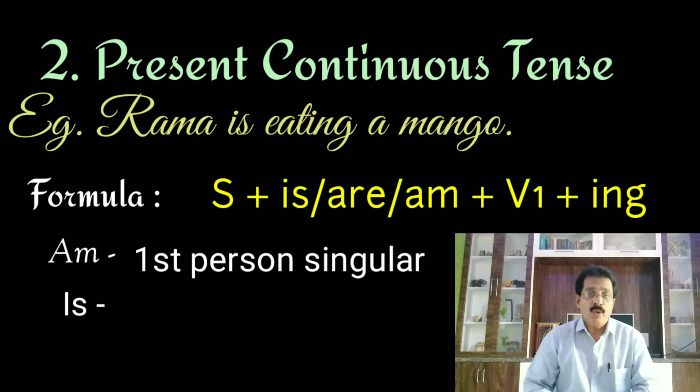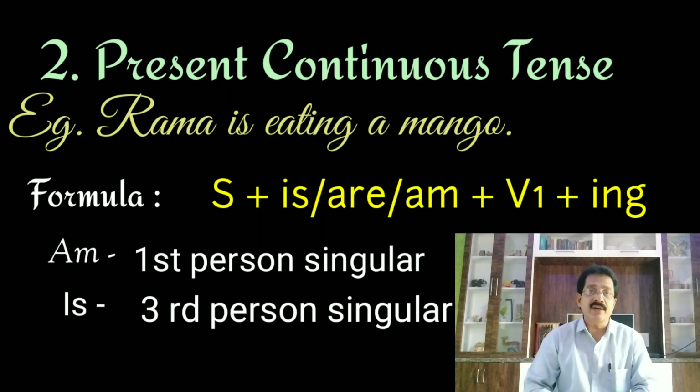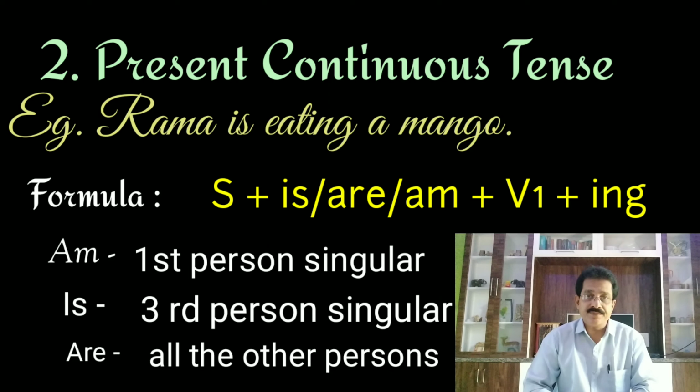What about is? Is can be used only when the subject is third person singular. He is eating a mango. She is eating a mango. Ravi is eating a mango. Then, what about are? Are is used with all the other persons except first person singular and third person singular.